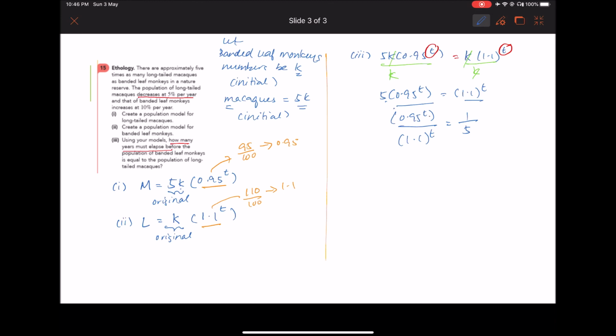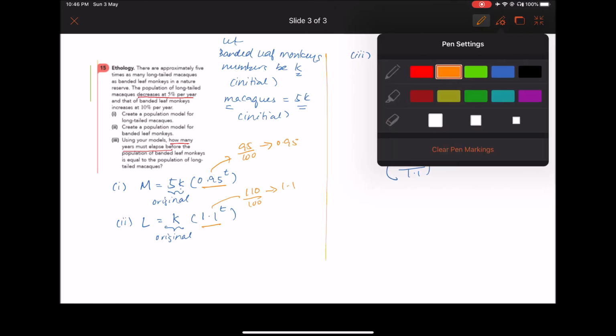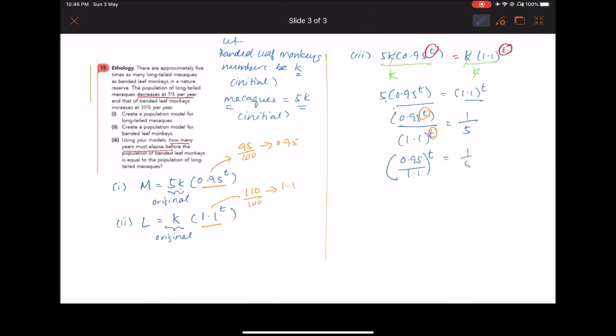Since both of them have T, actually I should have written it the same, never mind, it's okay. So this is 0.95 over 1.1 to the power T. It's as if I'm bringing out the power, from the law of indices. So this will be 1 over 5. Now, since you have to bring the T down, you have to introduce log.